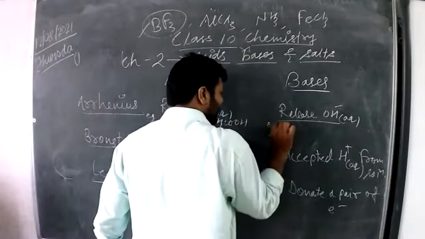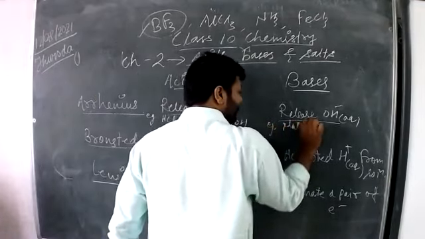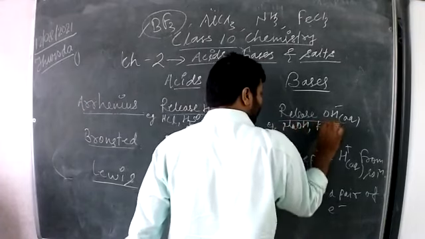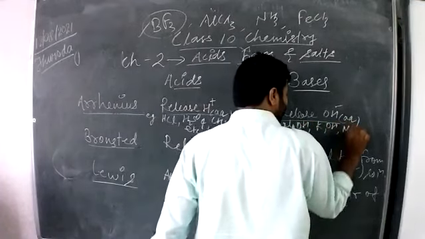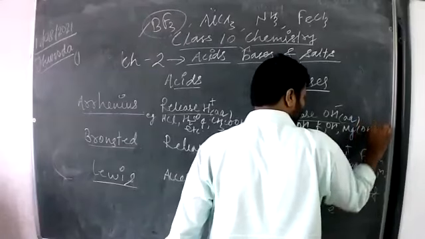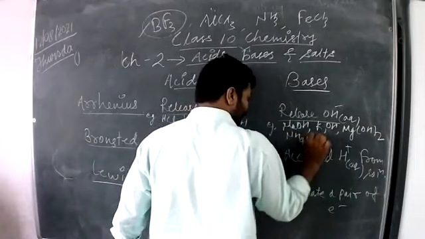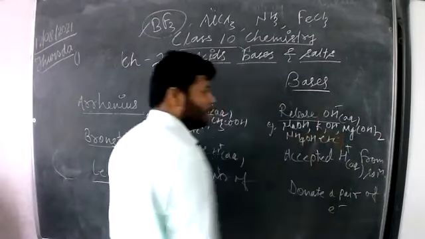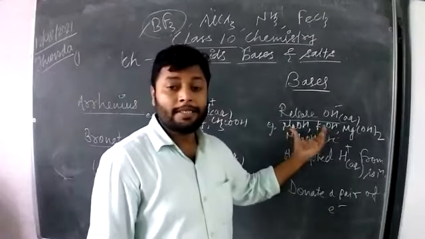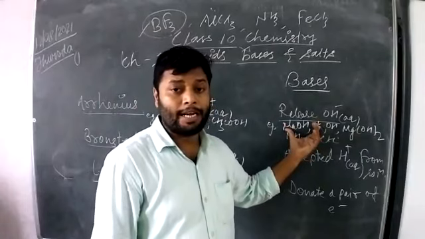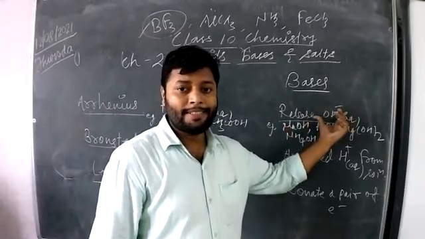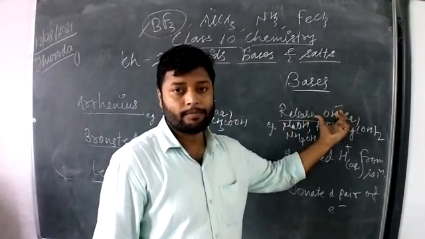In the example of base, we have sodium hydroxide, potassium hydroxide, magnesium hydroxide, ammonium hydroxide, etc. These are some typical bases also present in the lab, having tendency to release OH minus ion.